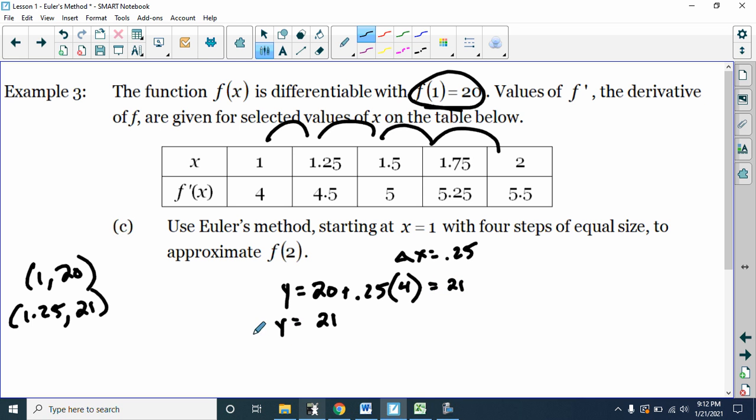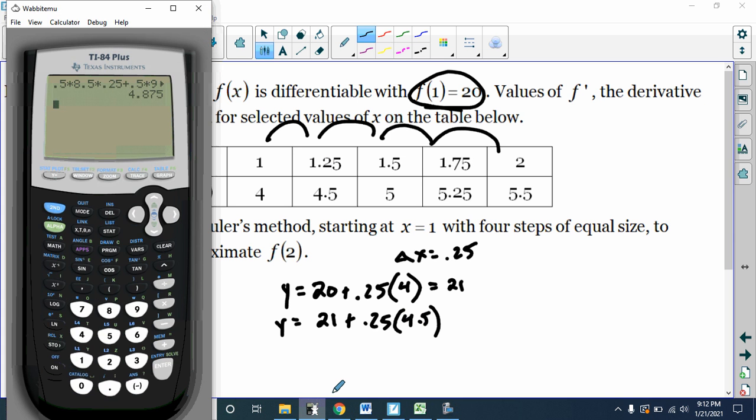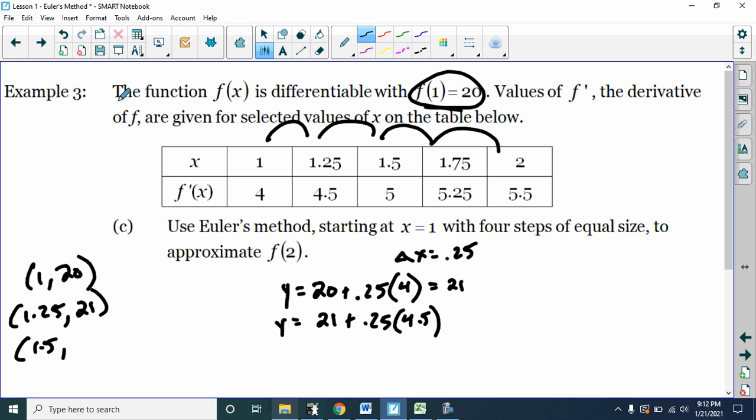My new x is going to be 1.5. The new y value is the previous y value plus our step times the derivative evaluated at the previous point. The previous point had an x of 1.25, so the slope is 4.5. So my new y value is 22.125.